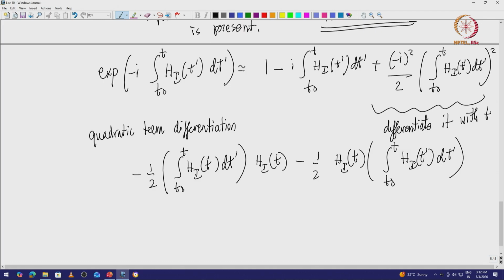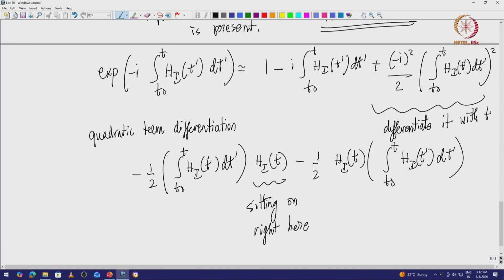Now the point is that if you look at this essentially, H_I of t is sitting on the right here. So this is fine, you can integrate out the t part, and so it sits on the left, H_I of t.